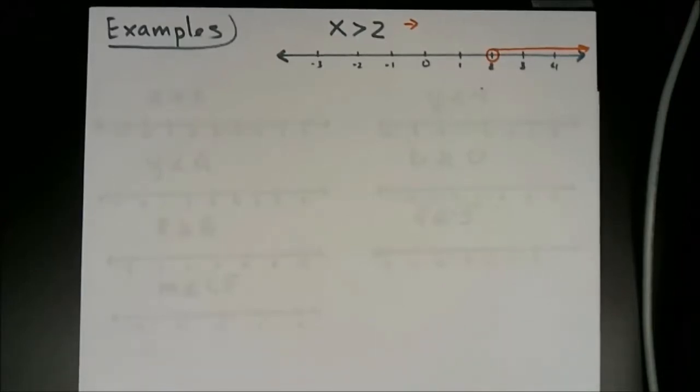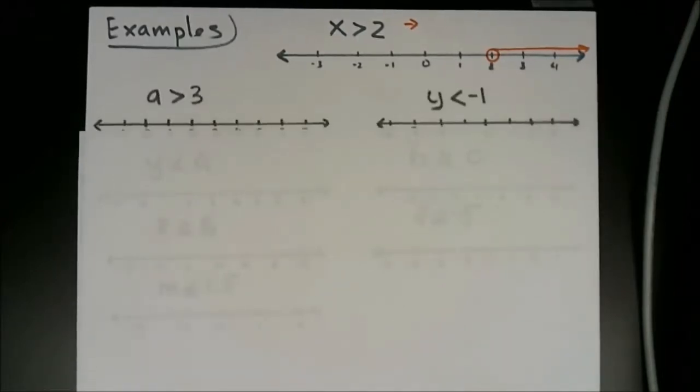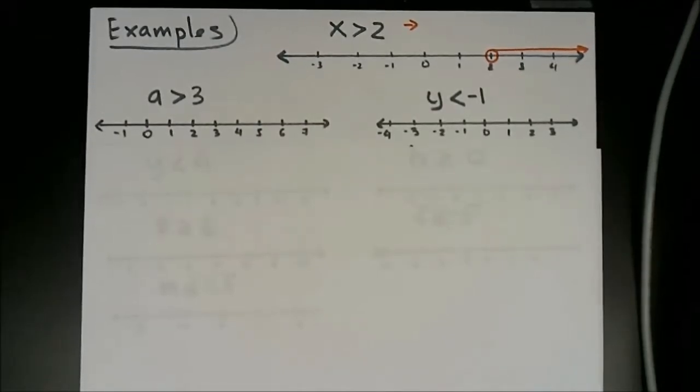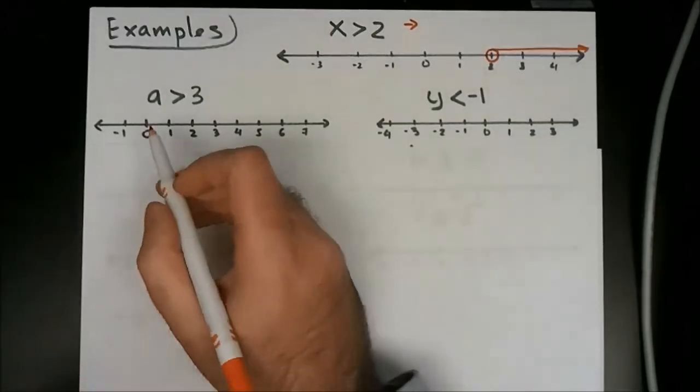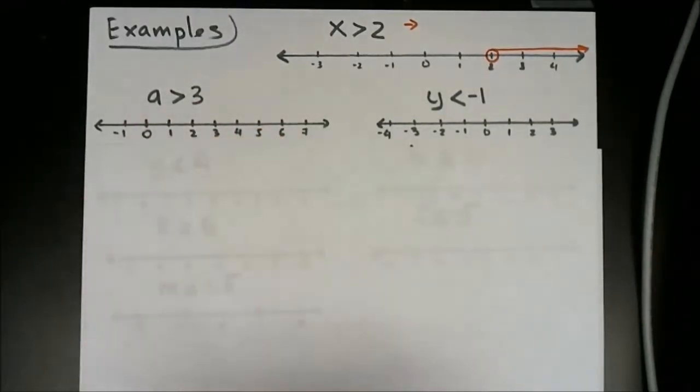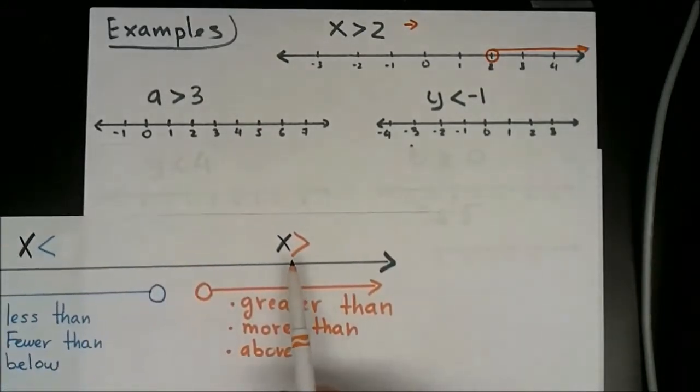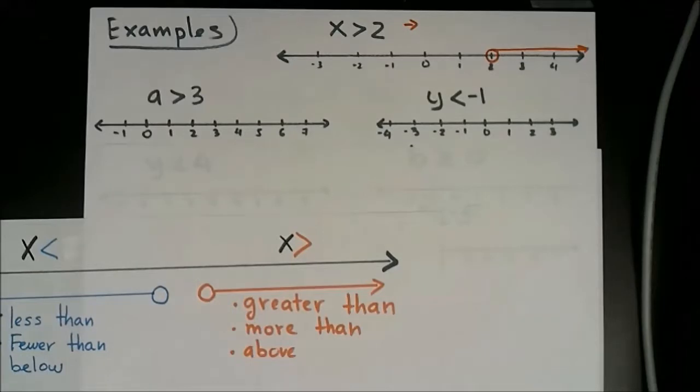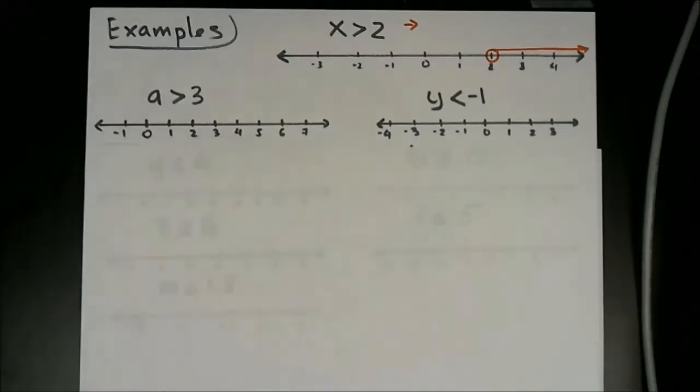Let's look at another example. We're going to go ahead and look at the one on the left. So here I have a is greater than 3. The variable is once again facing the larger portion of the alligator symbol. So which way should the inequality go?